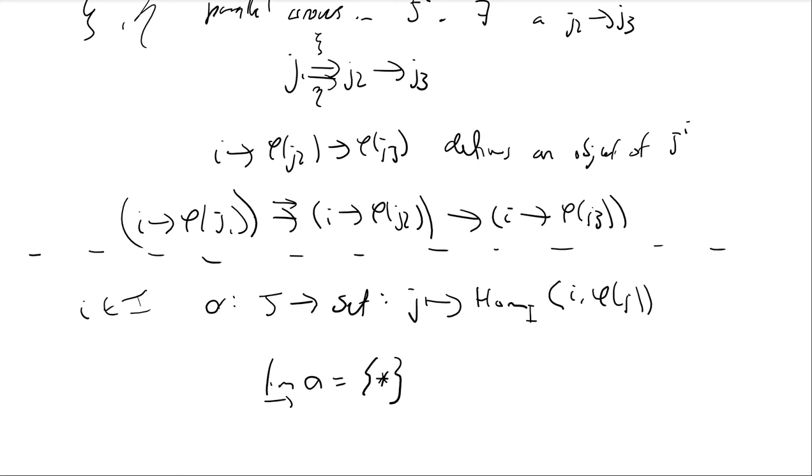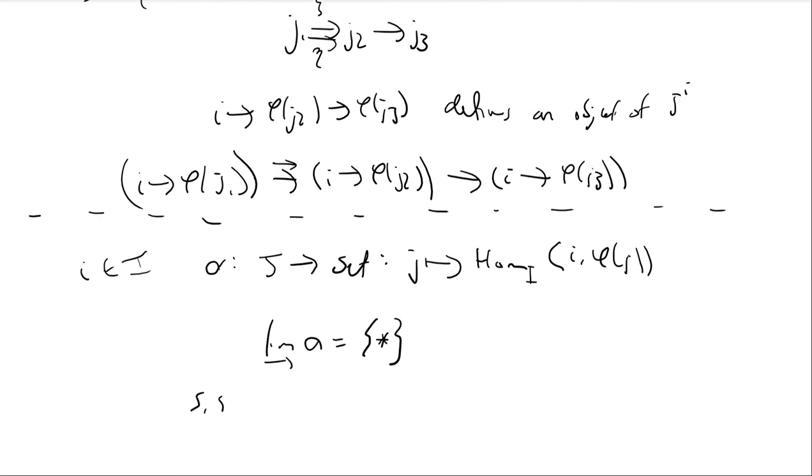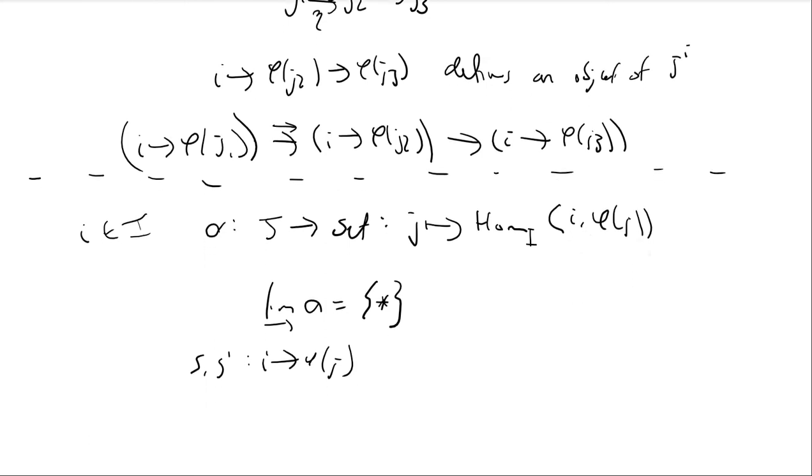Now, if we have a pair of parallel morphisms, S and S prime, I to phi of J, then we can look at what these represent. In particular, S and S prime belong to alpha of J, which we just said is this Hom(I, phi of J). Helps when you put the parens in the right place.